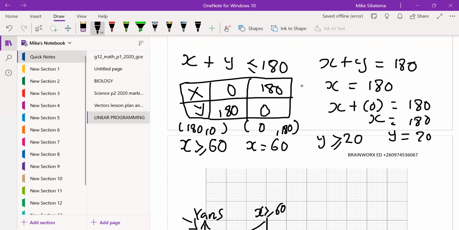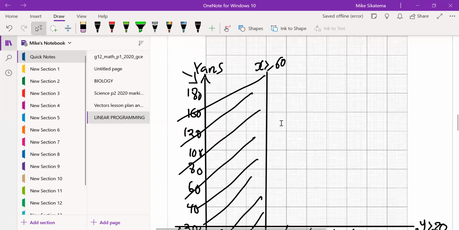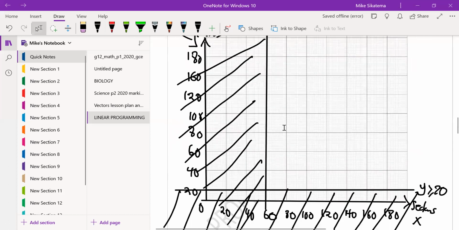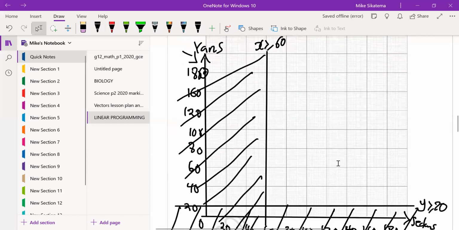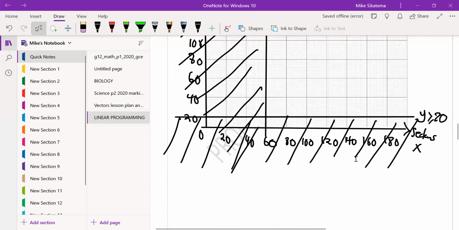You just substitute like that. This coordinate is this one here, and the other one, 108, 0, is the coordinate there.